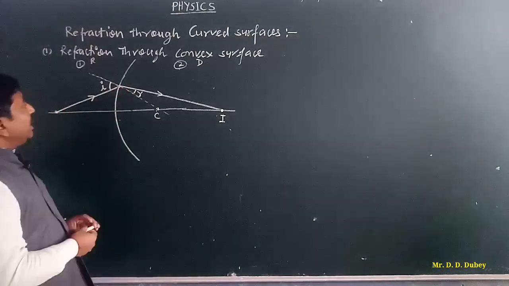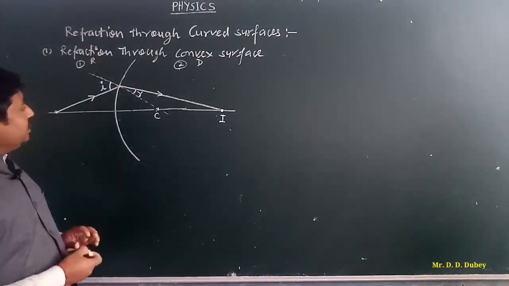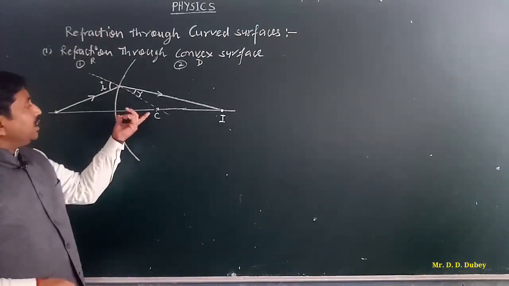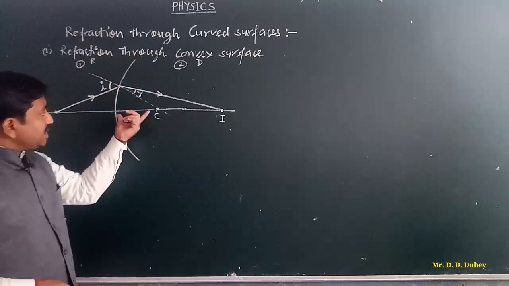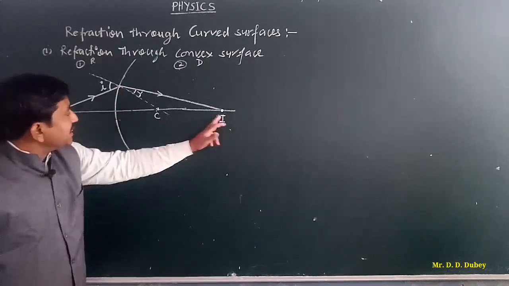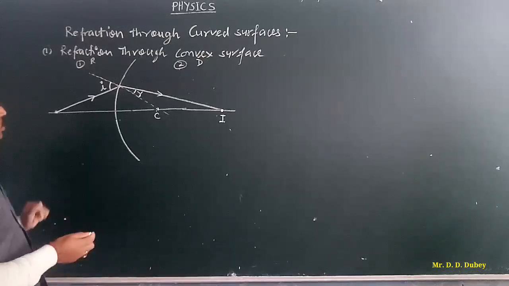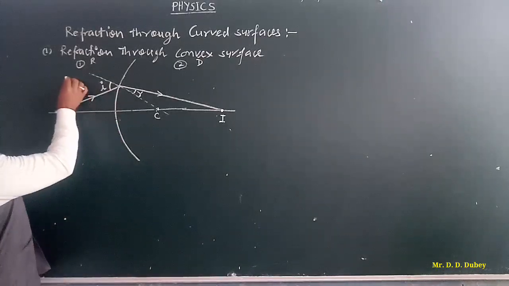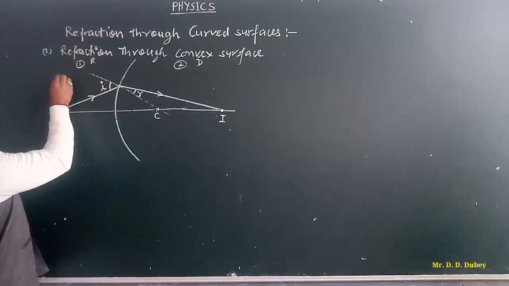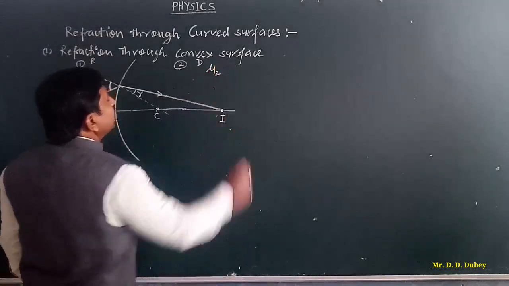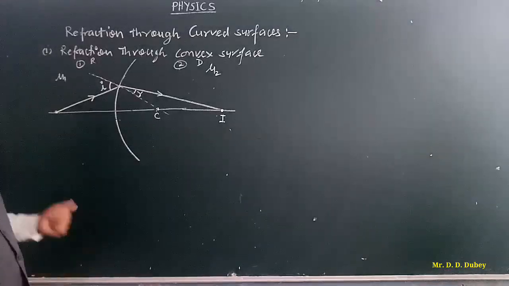We want to deduce an expression for the relationship between the radius of curvature R, the image distance and the object distance. So let us assume that the refractive index of the first media is mu1 and the absolute refractive index of the second media is mu2.